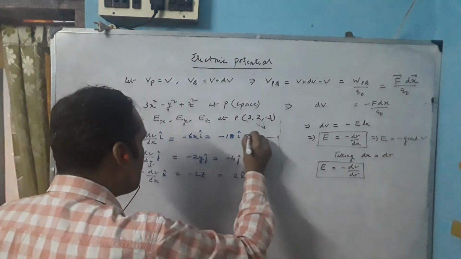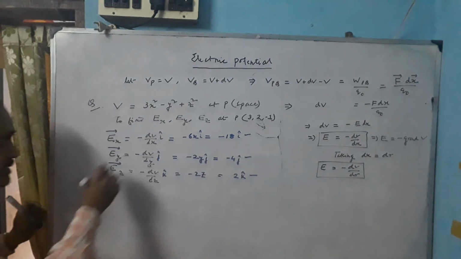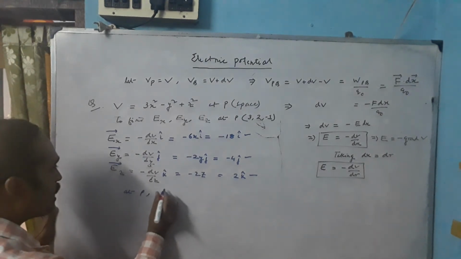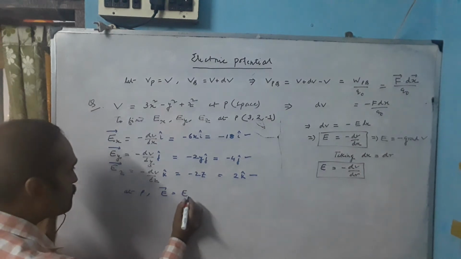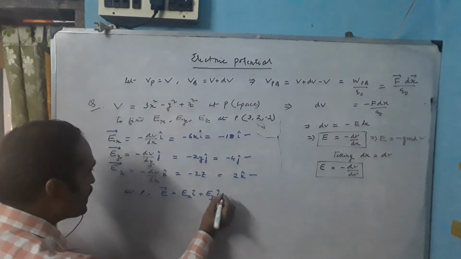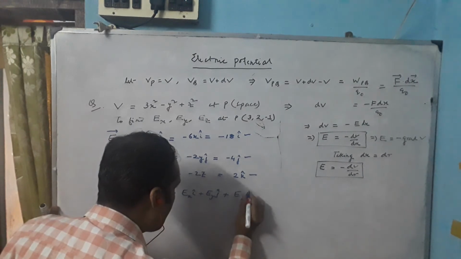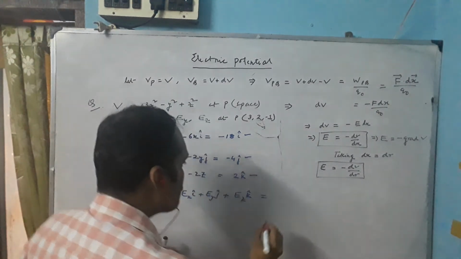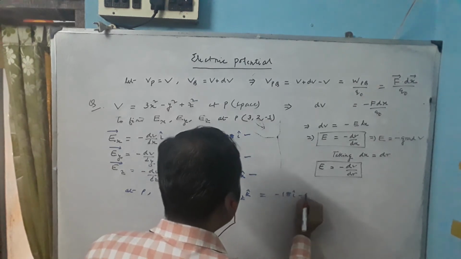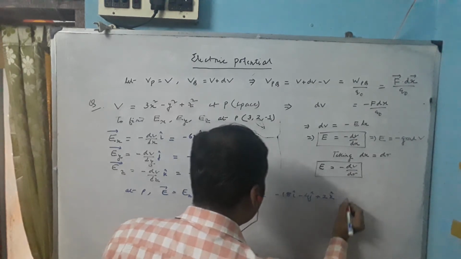So these are all the three components of the electric field existing at the point P. Hence you can write that at P the electric vector is equal to Ex i cap plus Ey j cap plus Ez k cap, which is equal to minus 18 i cap minus 4 j cap plus 2 k cap.